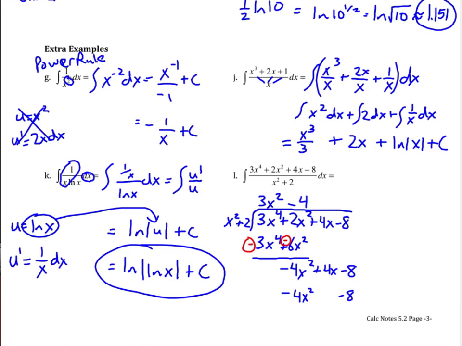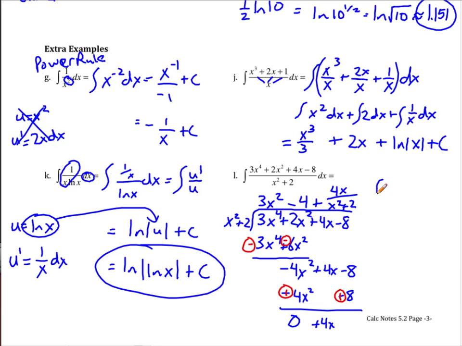And we got to change our signs. Okay, and if we subtract that there, we get 0, and we would get plus 4x, and then negative 8 over 8 is also 0. So this is now going to be plus 4x over x squared plus 2.